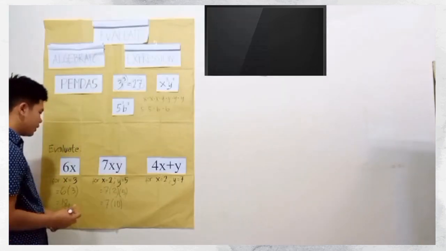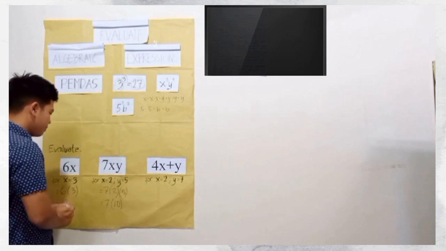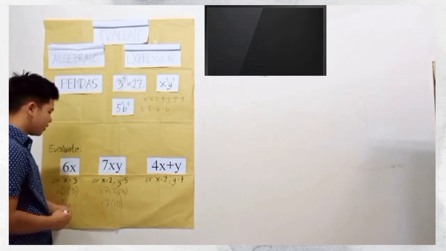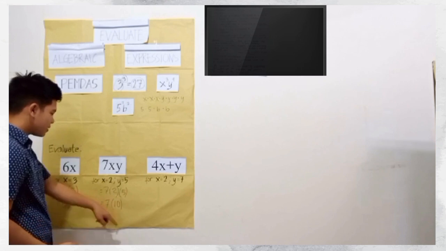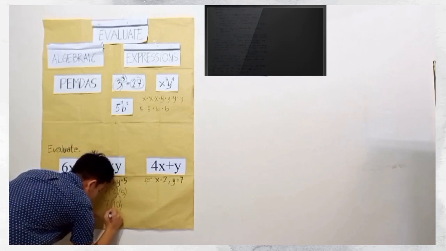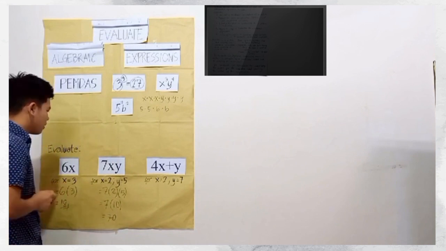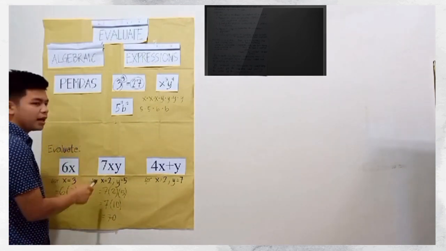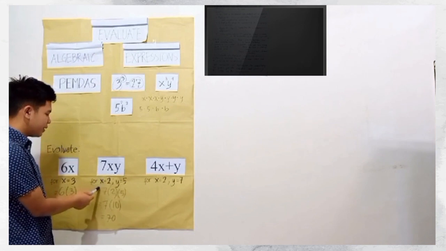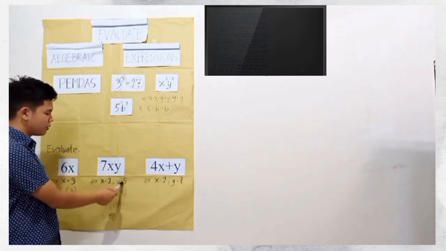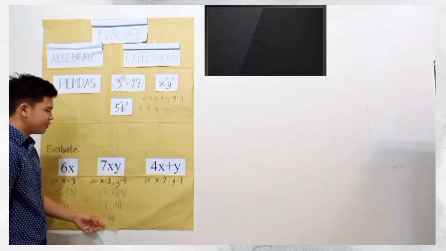And now we will multiply them so that we can arrive at an answer. So 7 times 10 is equal to 70. So the answer for this algebraic expression, given that x is equal to 2 and y is equal to 5, is 70.